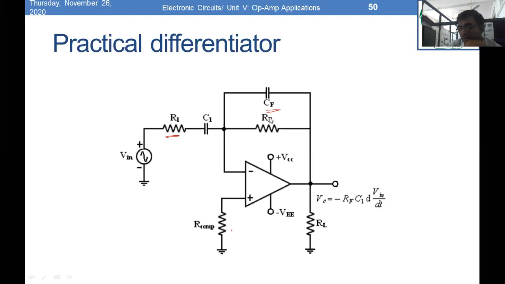The reactance offered by CF would be very low at the high frequency, and because of that, the gain of the differentiator would increase drastically. To limit this increase in the gain, we have to connect R1 in series. Okay. So this is some way that we control it. We have to see from the analysis how this is happening.